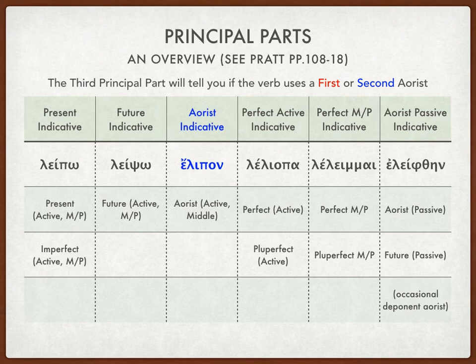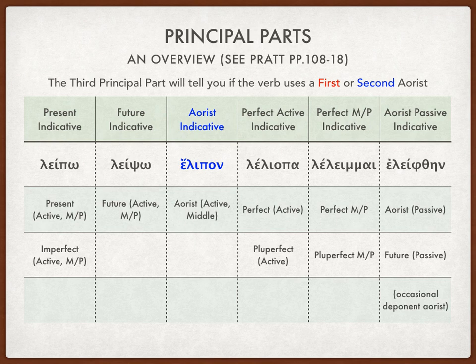On the other hand, if I look at leipō's principal parts, I'll see that it goes from leipō in the present to leipsō in the future, and oh goodness, it becomes elipon in the aorist. I've changed my stem from leip to lip. I see the familiar ending on. That's a telltale sign of the second aorist. And once I know that, I can go through all the endings you've seen before.